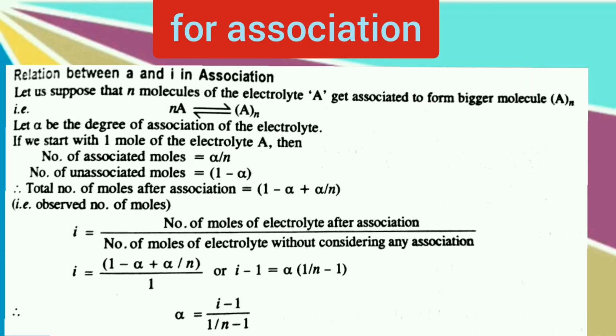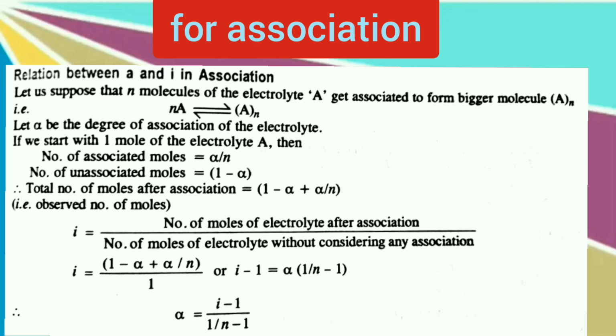Let us check out how the alpha, degree of dissociation or association, is related to the Van 't Hoff factor. First, in terms of association. Let us consider a chemical reaction having n molecules of compound A which associate to form A_n.